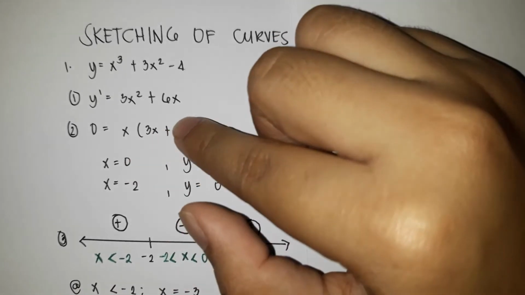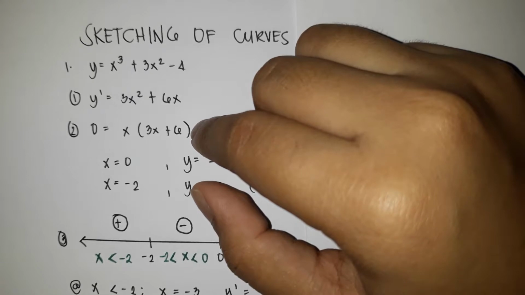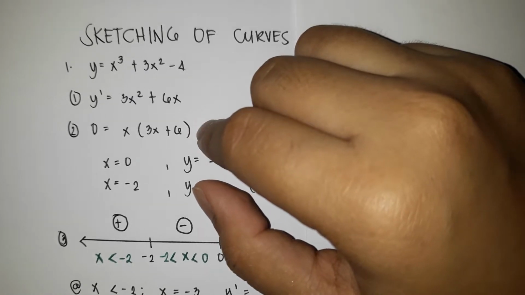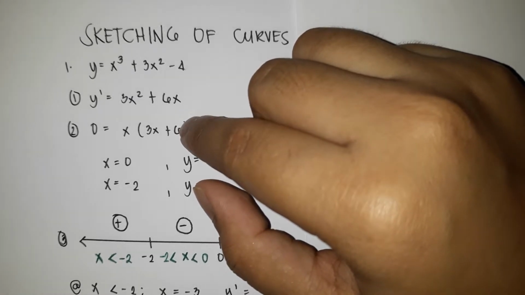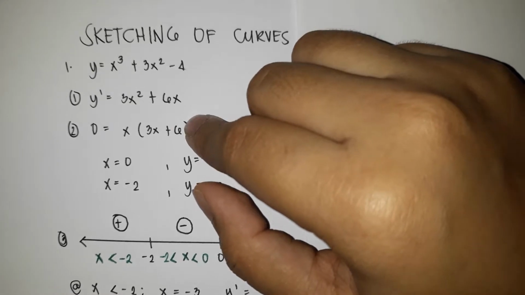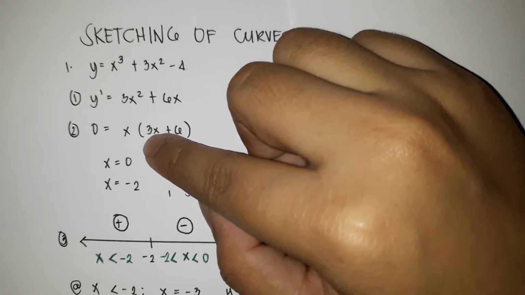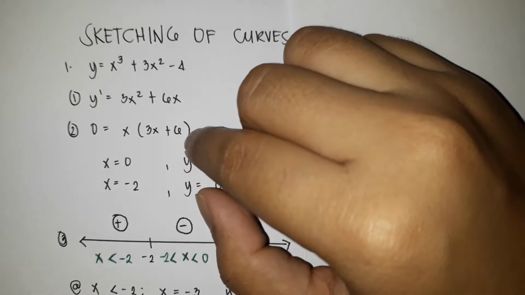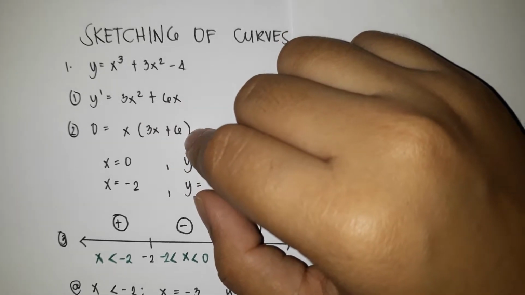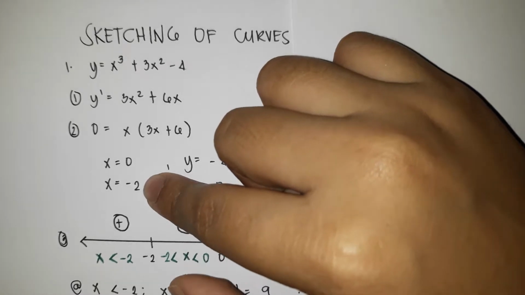Why? Because as we equate 3x plus 6 equal to 0, it will result to 3x is equal to negative 6. And we must divide everything by 3 in order to get x. So negative 6 divided by 3 results to negative 2.